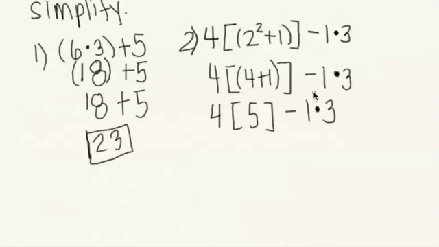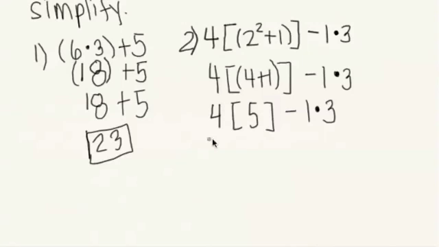So I still have my parentheses. Looking at this now, I've taken care of the exponents too, because the exponent was inside the parenthesis. And now I'm checking to see if I have anything to multiply or divide. Looking at this, do you see anything?